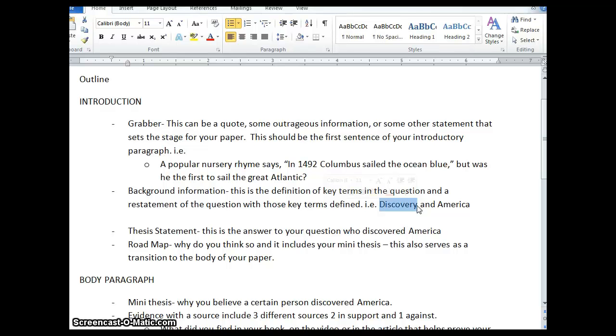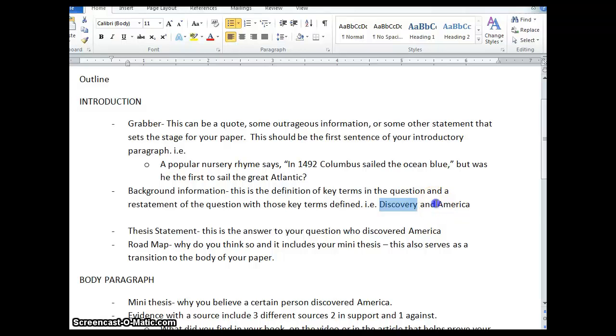If you do that, then Columbus probably is not your best answer. Do you define discovery in a way that is the person to make the most impact in the area, or the person that changes the world based on what they found? If that's the case, then Columbus might in fact be your guy. So there's all sorts of different answers. The bottom line is that it's your job to say who discovered it.